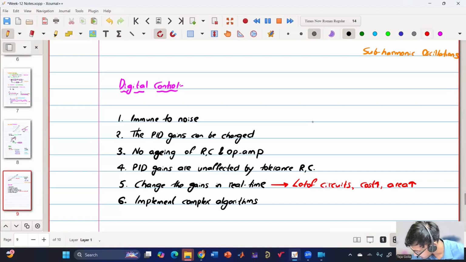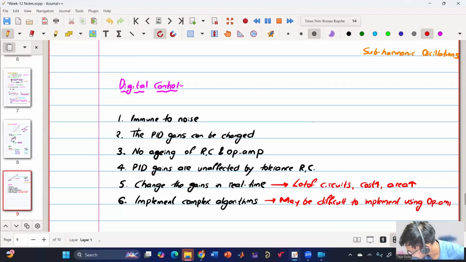It may be very difficult to implement using op-amps. Say I need some kind of complex algorithm using op-amps. I will write the code, Verilog or whatever code, and then implement it in the controller.